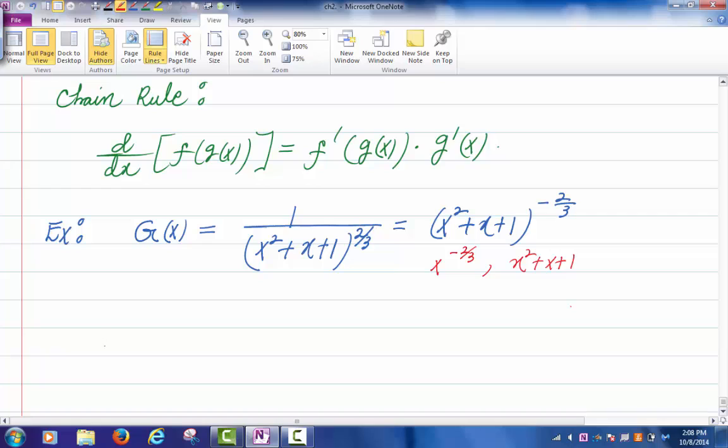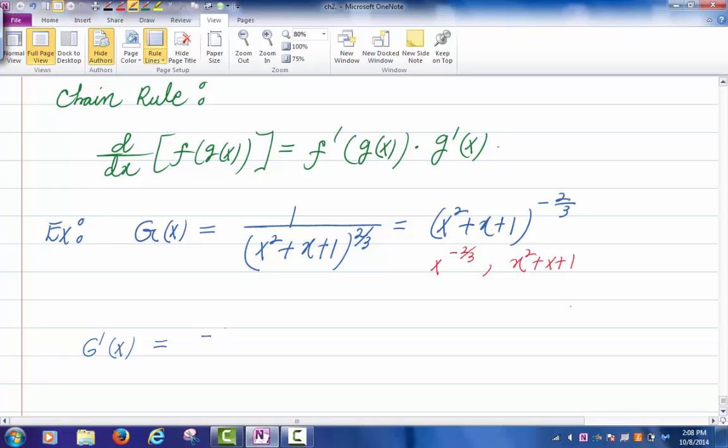By the chain rule, the derivative is given by the derivative of the outside function, right? So you take the derivative by assuming that x squared plus x plus 1 is x. By assuming your wish, you just take the derivative.